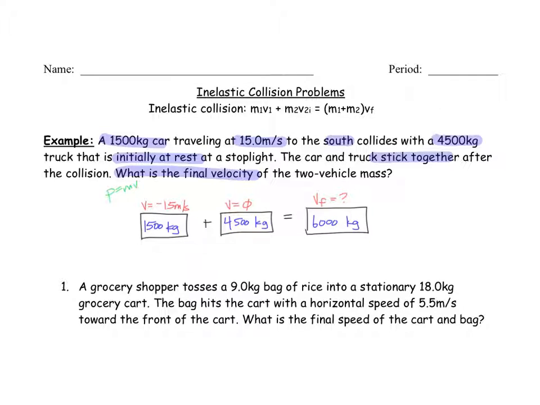So what you're looking at here is the two vehicles before they collide. I should have wrote this before, but this is before, and this is what's going on after they collide and stick together.